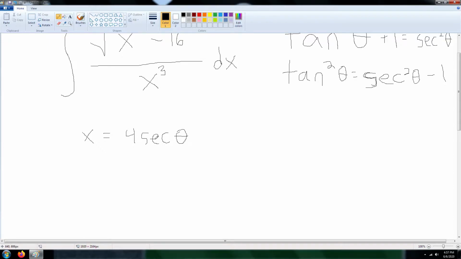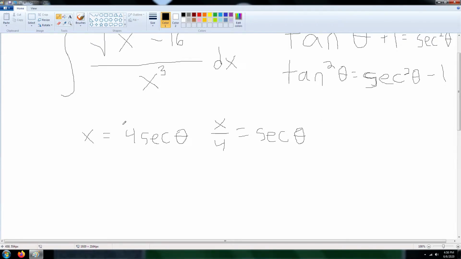Well, the answer is it's going to equal x over 4 equals secant theta. That's secant theta right there. That's what we know for a fact. So, what do you think x squared is going to equal? Well, x squared is going to equal 16 secant squared theta.